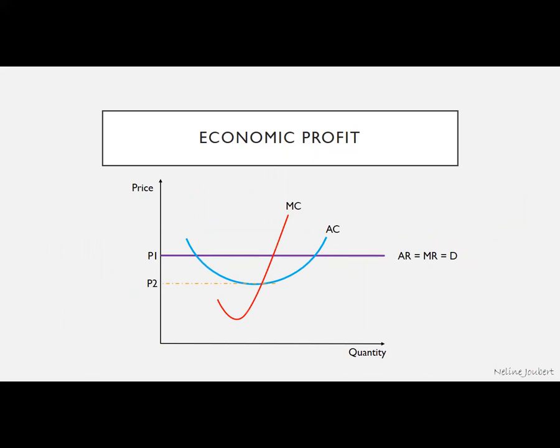We always start at exactly the same point when we answer a question like this. The most important part of any curve is where your MC curve, your marginal cost curve, intersects with your MR curve. Now for your perfect competitor, this is the horizontal line over here. So the most important part is where they intersect.